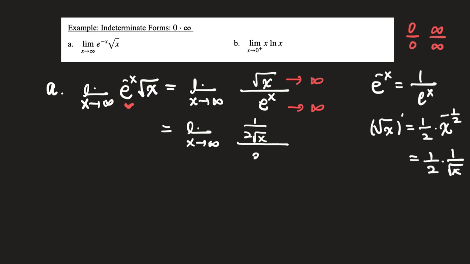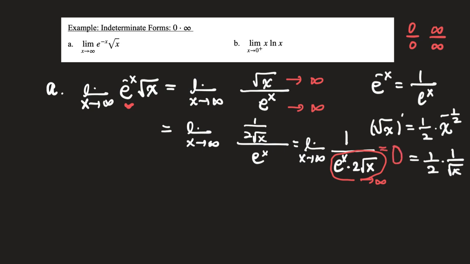As x approaches infinity, the denominator goes to infinity, meaning the denominator is getting bigger and the whole thing goes to 0. That's the limit. So 0 over infinity, you have changed it.